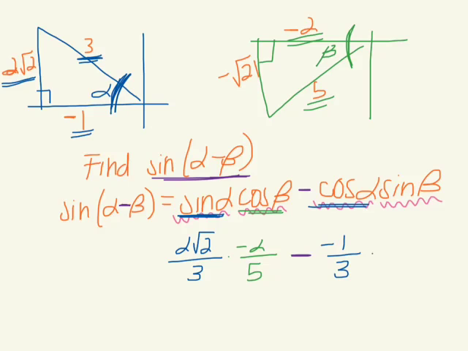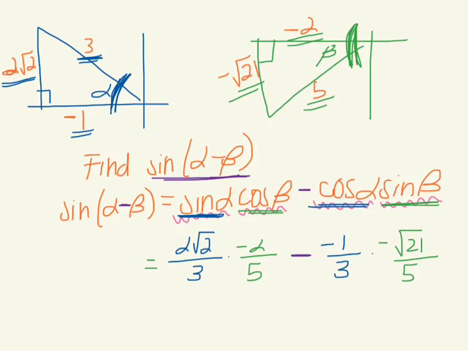So again, saying beta, so go back to the beta triangle, and from beta, sine is the negative square root of 21, so opposite over hypotenuse, 5. And really all we have to do is simplify this. So if you look at the first two fractions, you're going to multiply them together. So multiply the numerators together.